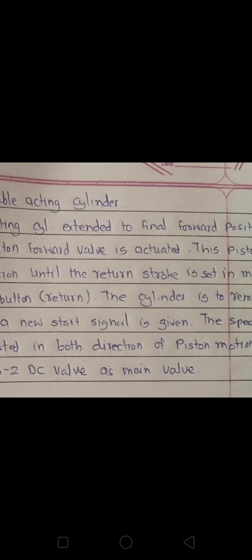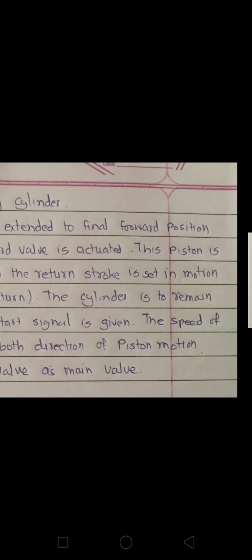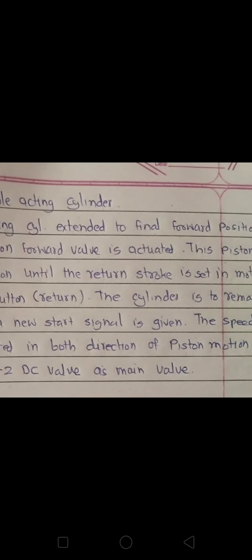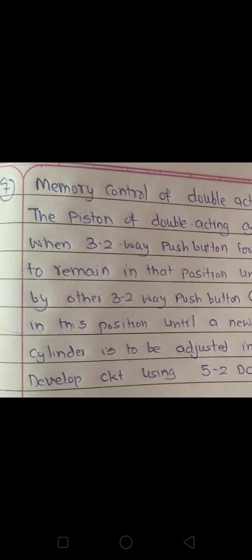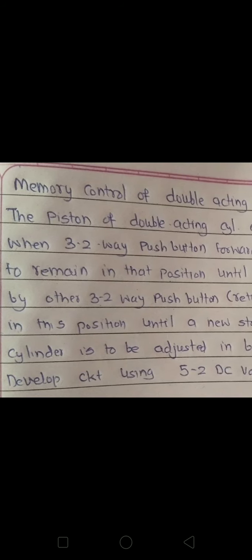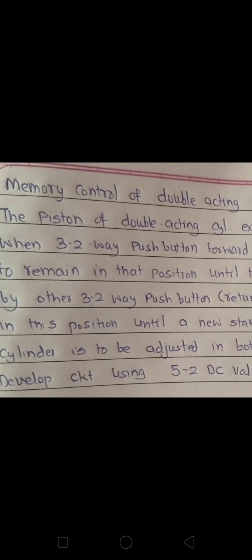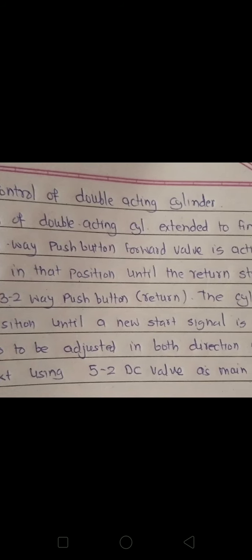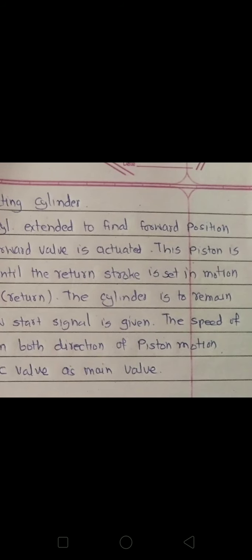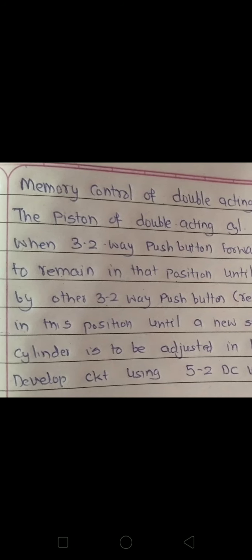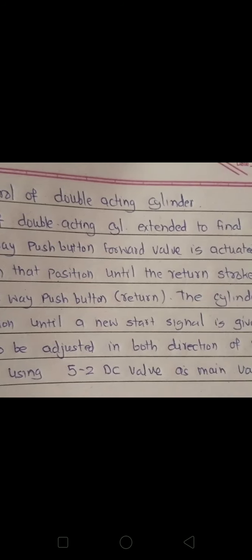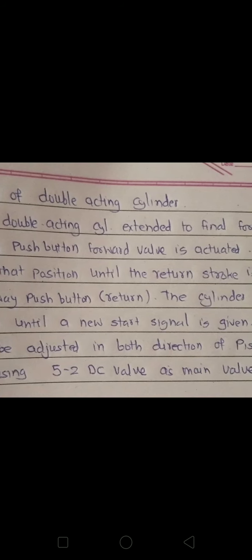So until the return stroke is set in motion by another 3x2 valve, the return push button, the cylinder is to remain in this position until a new start signal is given.